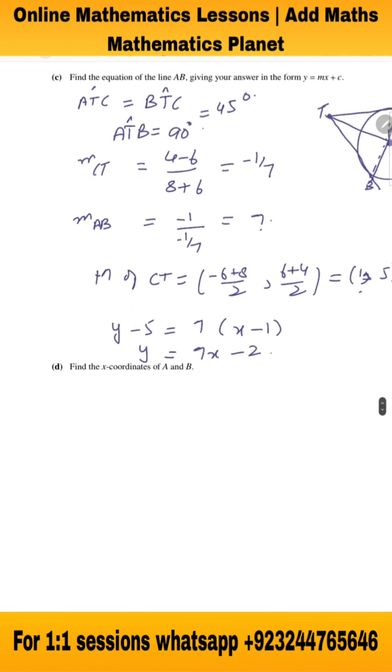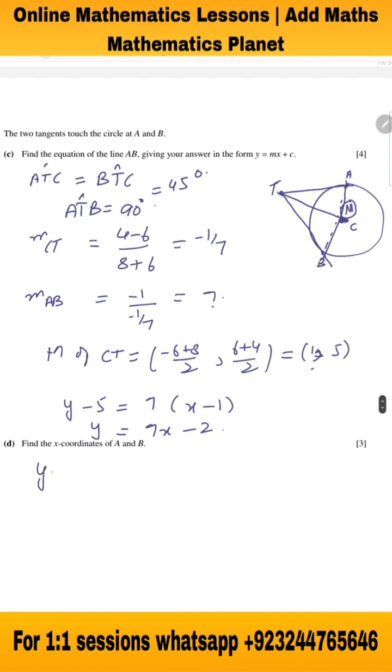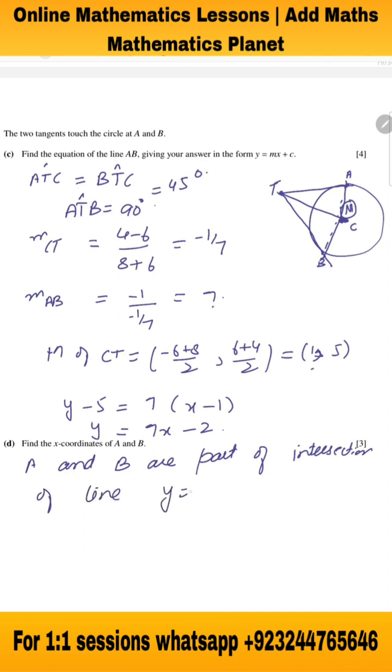Okay, find the x coordinates of A and B. So now we have to find the x coordinates of A and B. A and B are the points of intersection of the line y equals 7x minus 2 and the circle.